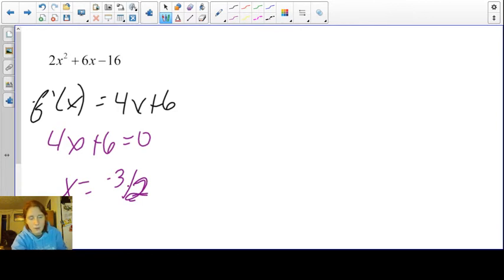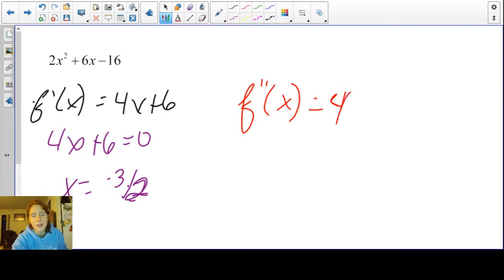Now, when I go to try and take the second derivative here, that's just going to be a constant. Am I going to be able to plug anything in here? Nope. Because I can't plug anything into this, I'm going to have to use the first derivative test.